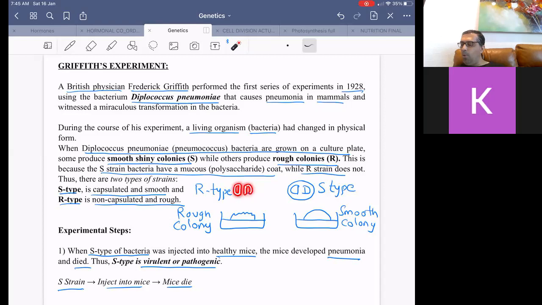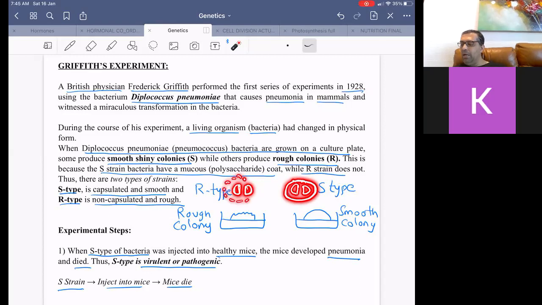There is Diplococci like this and Diplococci like this. One type of Diplococci had a smooth polysaccharide capsule around it, it was capsulated, and there was one type which had no capsule around it.